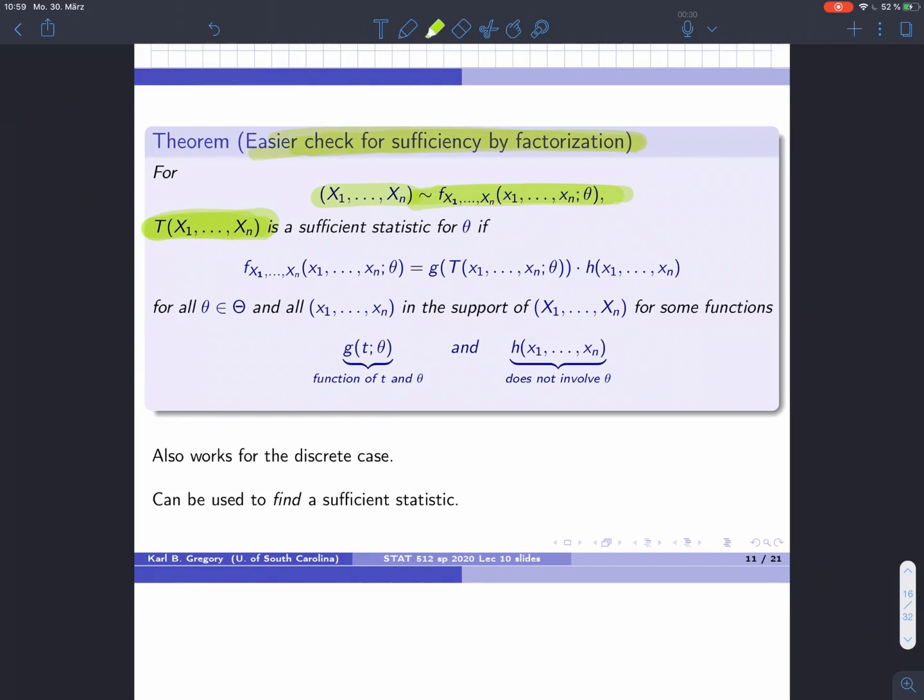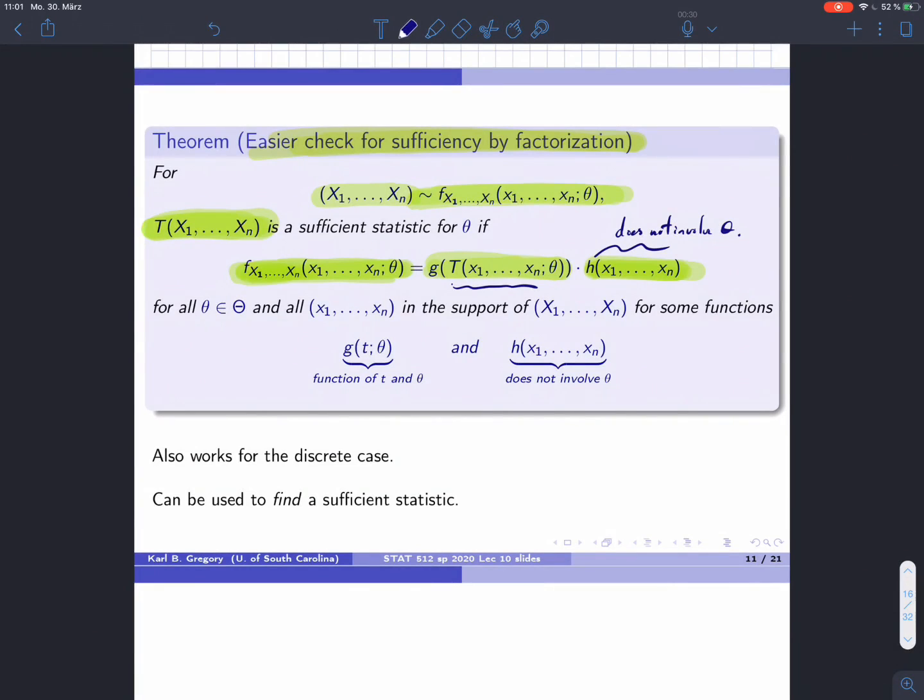This factorization method says if we can take the joint PDF or PMF of the values in the random sample and write it as a function of the statistic and the parameter times a function of just the data values, which does not involve the parameter theta, then we can claim that T is a sufficient statistic.